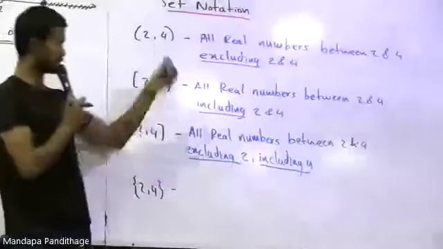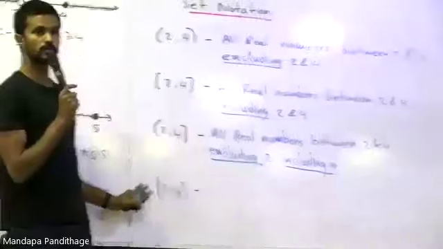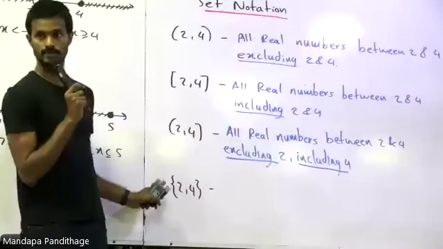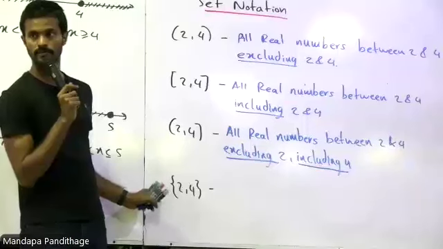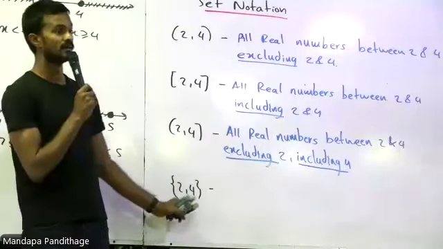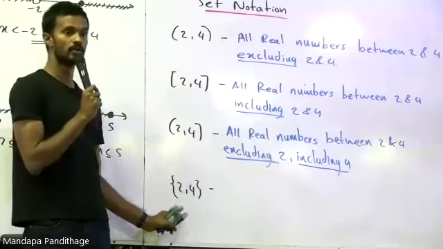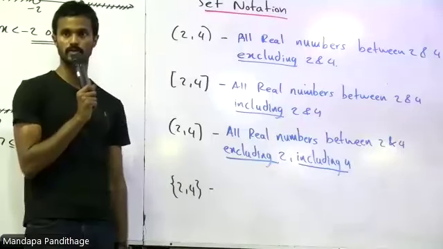Out of these 4, before today, this is the only bracket you knew in maths, in sets. So what does the curly bracket 2 and 4 say? Only 2 and 4. That is what we had for O levels.